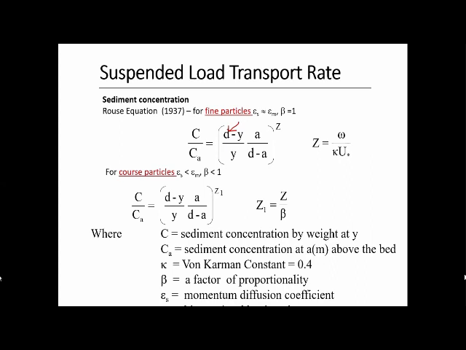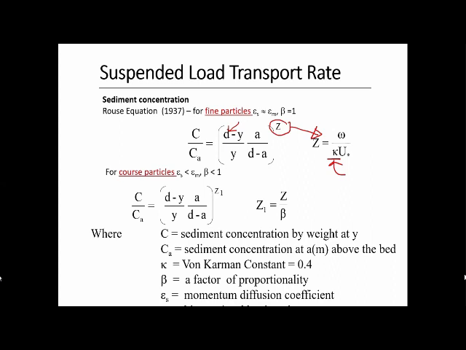And then from the equilibrium theory yang tadi tu, downward and upward flux, they come out with this Z parameter, which is what we call the Rouse parameter, which equals the fall velocity divided by the von Karman constant. Jangan tanya saya apa ni von Karman constant, aku pun tak ingat dan tak nak ambil tahu.